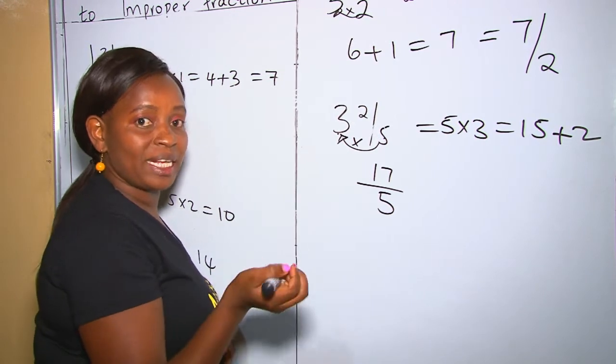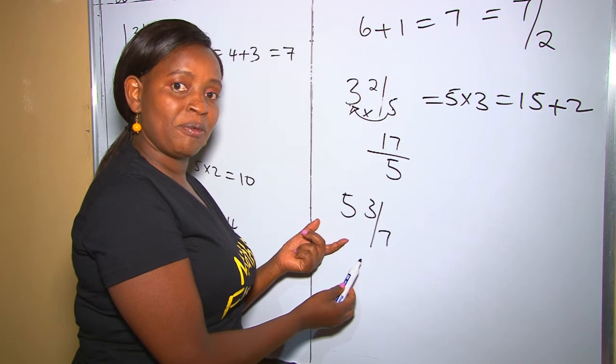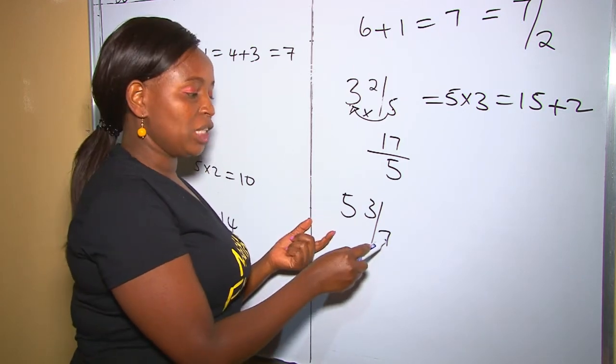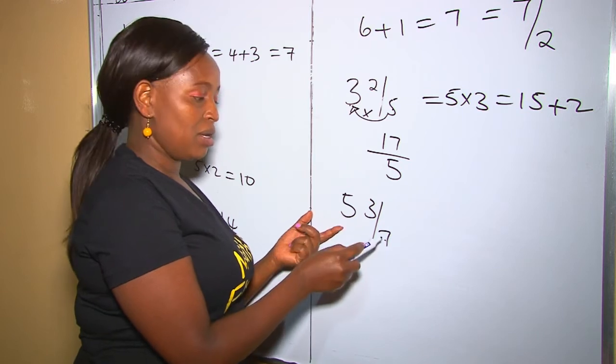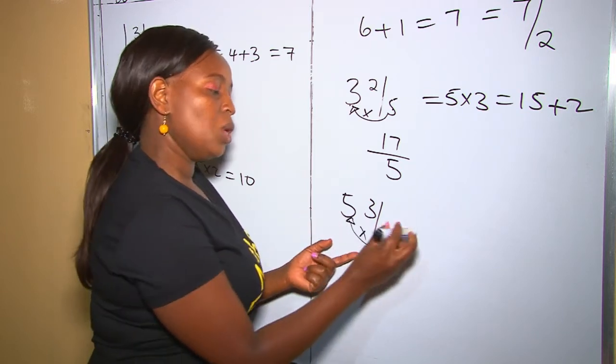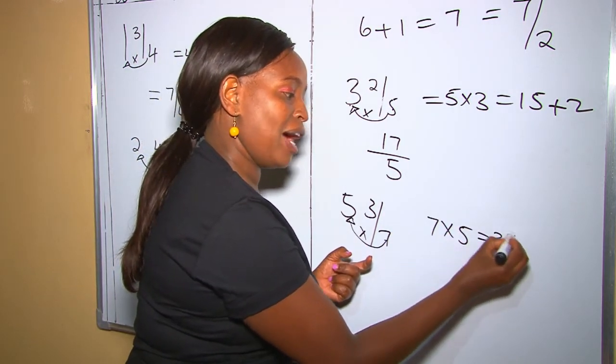Let's get one more example. Let's now change this mixed fraction to improper fraction. Step 1 says we multiply the denominator by the whole number. Therefore, this is the denominator, this is our whole number, we multiply them, which is 7 times 5 gives us 35.